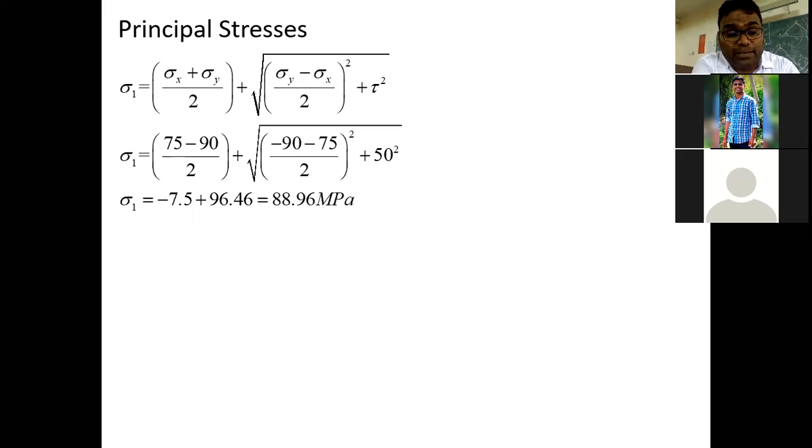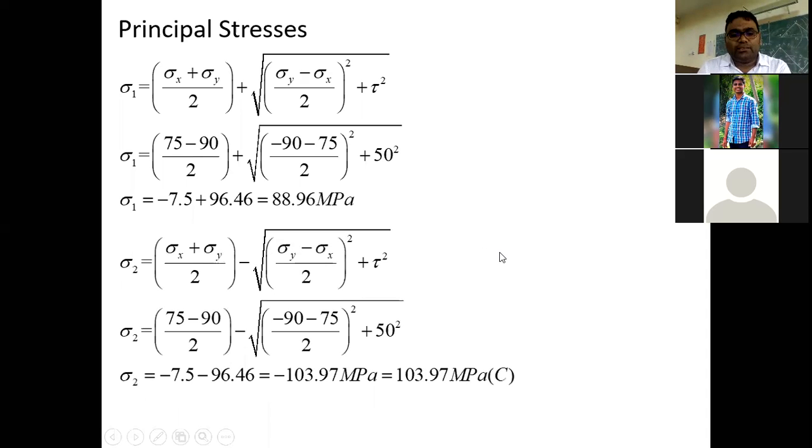Now time to find the second principal stress or minimum principal stress. You know the formula of that, what is the formula? Sigma 2 is sigma x plus sigma y by 2 minus, just put the minus sign in between these two, so it becomes the formula for the minimum principal stress. And you put all the relative values.